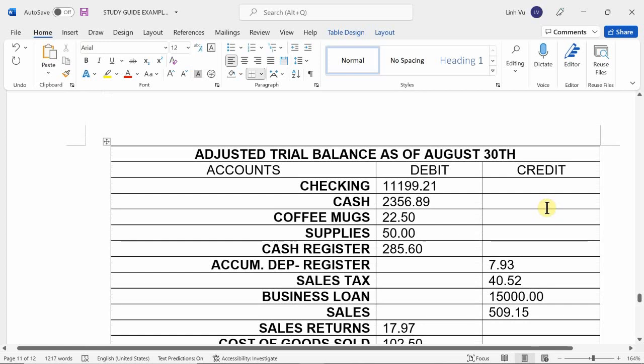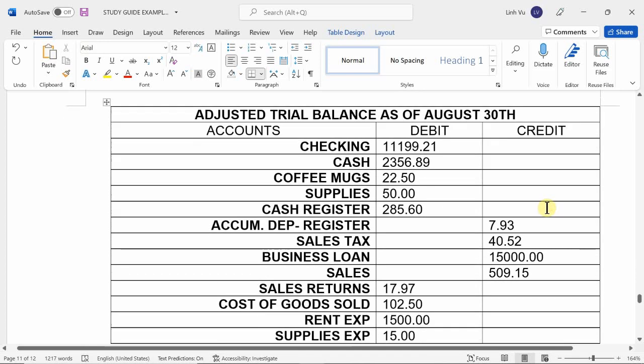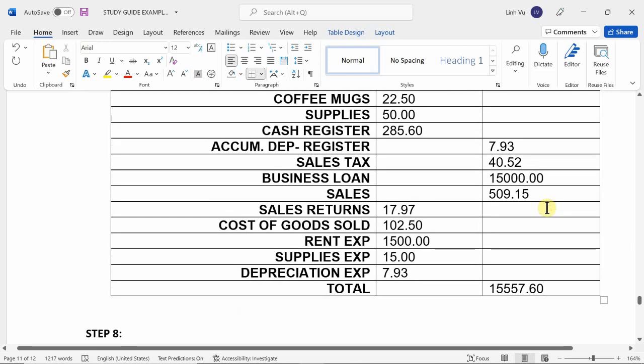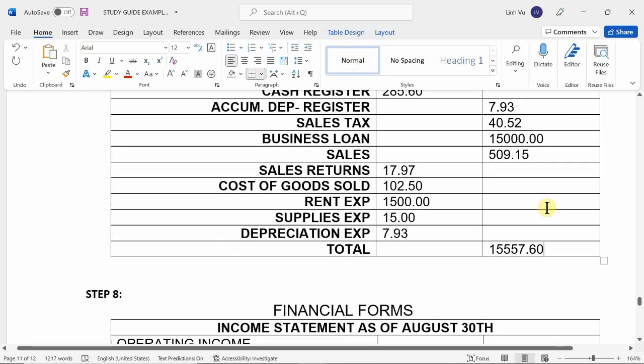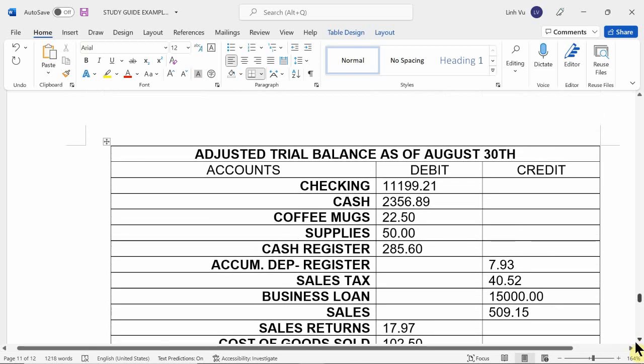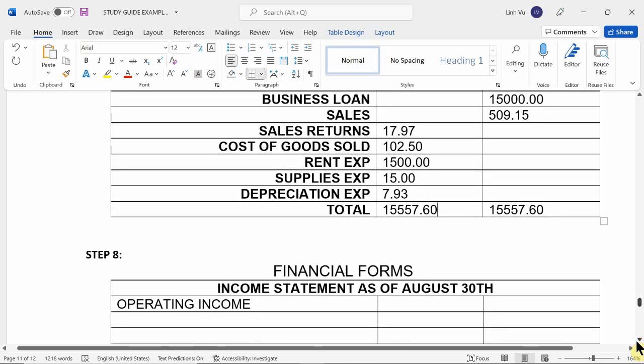Am I missing a number? Oh, plus the 1,500. That gives me a total of, there you go, 15,557.60, which is correct because it pans out even on both sides, debit and credit. So I got $15,557.60 worth of debits and credits after the adjusted trial balance.